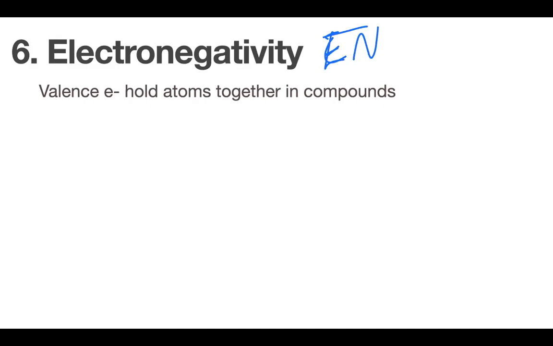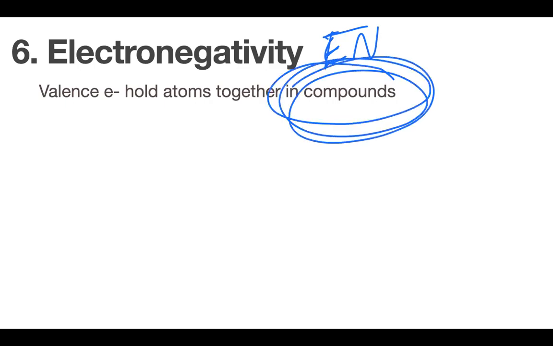Now, electronegativity is going to be the same idea as electron affinity. However, it's how much an atom likes or attracts electrons when they're in compounds. That is what distinguishes electronegativity from electron affinity.